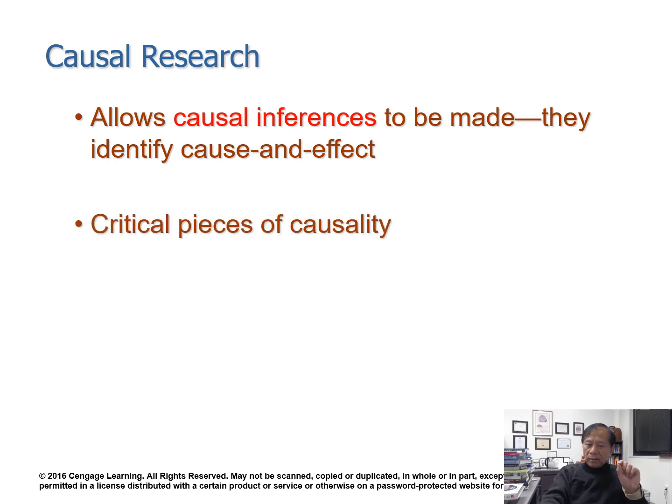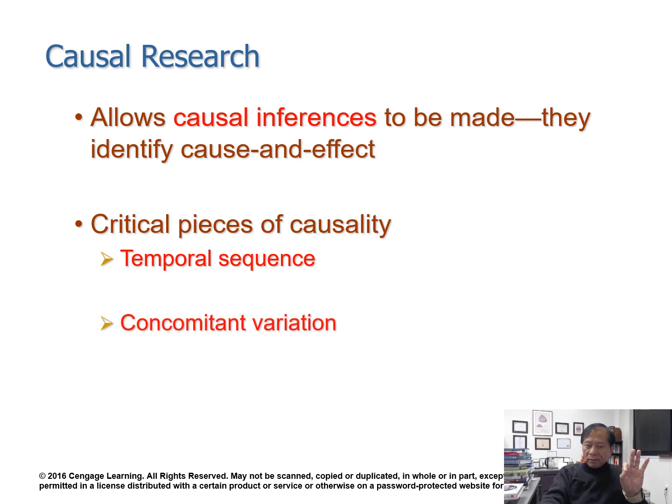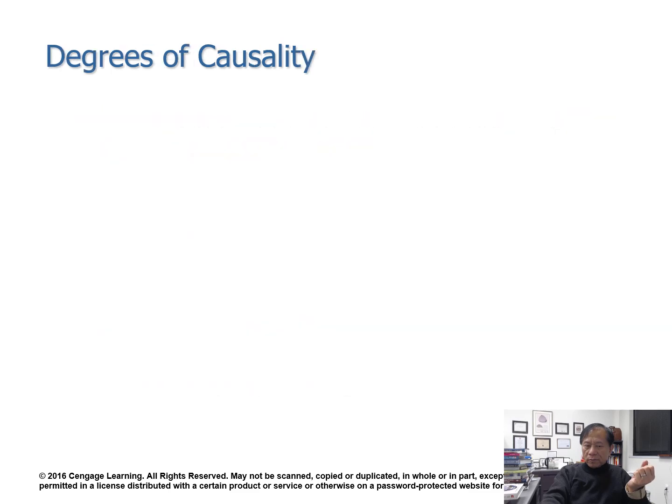You need to identify cause and effect relationships. The three critical pieces of evidence for causality are temporal sequence, concomitant variation, and non-spurious association. What do you mean by temporal sequence? What is concomitant variation? What do you mean by non-spurious association? You should understand those.